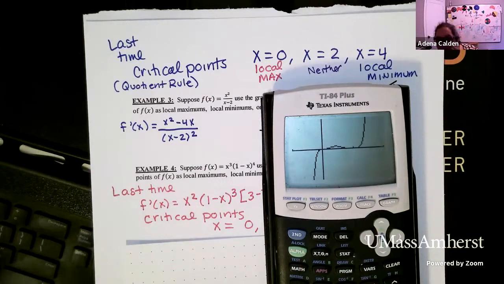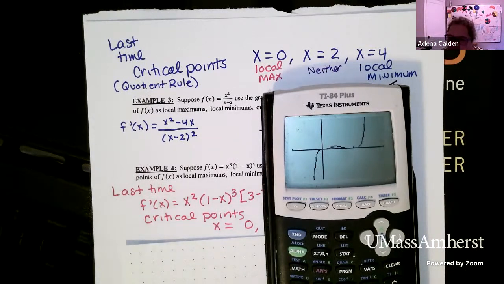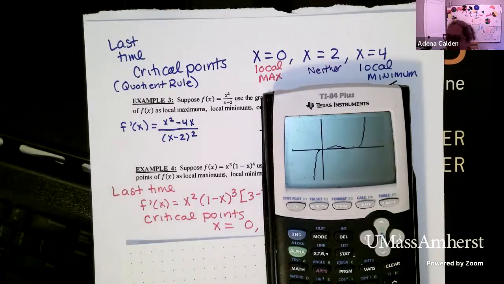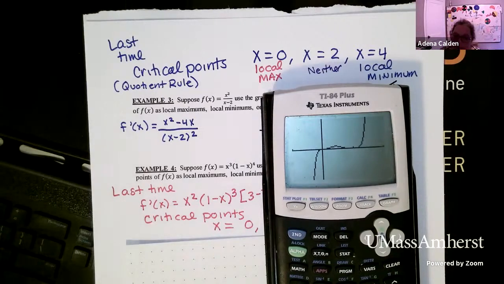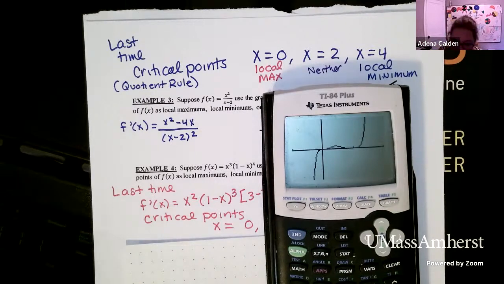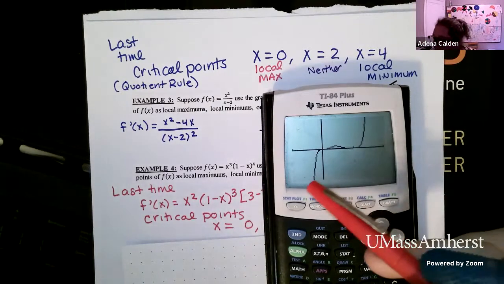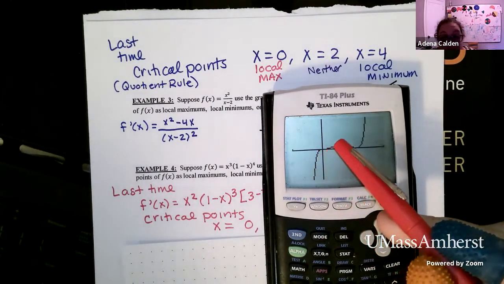What I want to note here is if you are spending a lot of time trying to see the graph, it may not be the best test to use. We're going to learn the 2 other tests today, so one of the other tests might be more practical if the graph is really complicated. What I notice here is that for x equals 0, my function is increasing, and then we're at 0, and then we're increasing again.